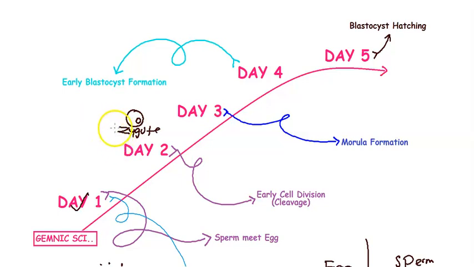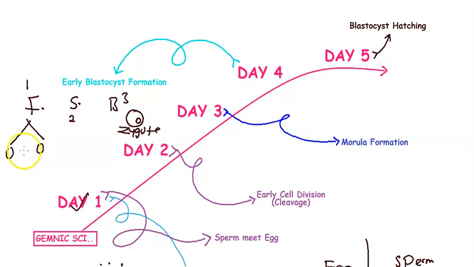It divides into 3. We have the first division, and we have the subsequent division, and the last one we have is the blastomere. So this is the first, this is the second, and this is the third one. On the first division, the zygote will simply divide into 2 cells.